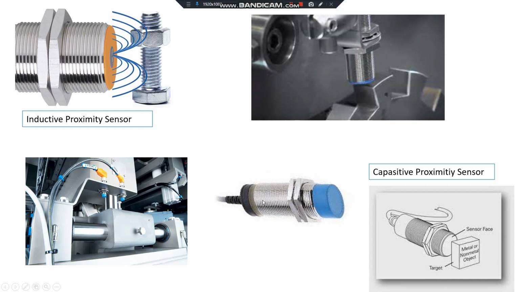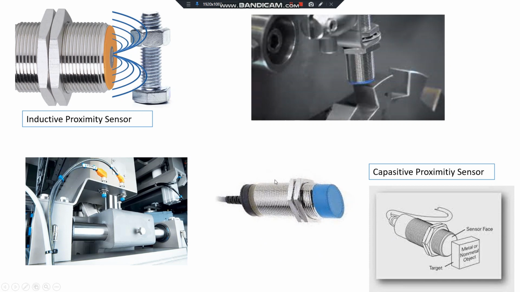So if we want to activate the inductive proximity sensor, we need to bring a metal material near the front of the inductive proximity sensor. But for the capacitive proximity sensors, that is not required. When we bring a metal or non-metal material near the front of it, it will be activated.